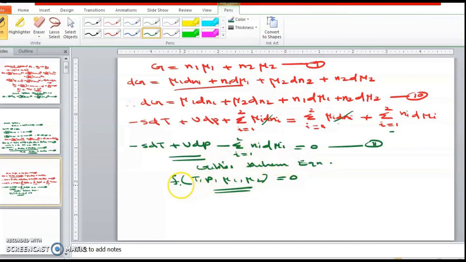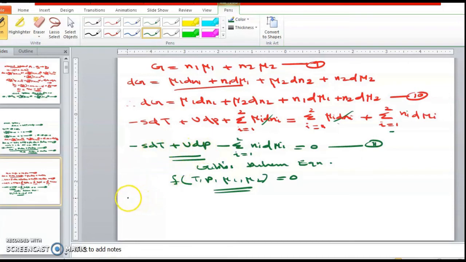And the relation can be expressed as a function f of temperature, pressure, mu1, mu2, etc. is equal to 0. Now for an isothermal and isobaric process, that means dT is equal to 0, dP is equal to 0, right?